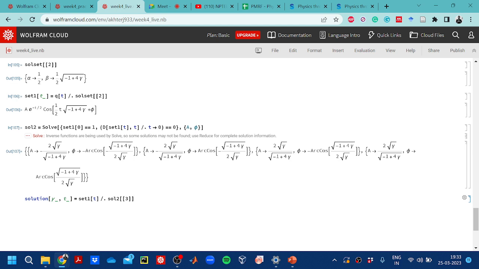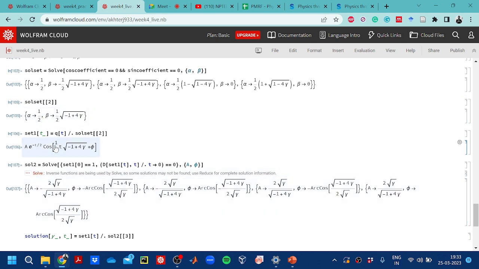Now again, here we will replace this a and phi with any of the sets. If we look carefully, this solution 2 has four solutions.